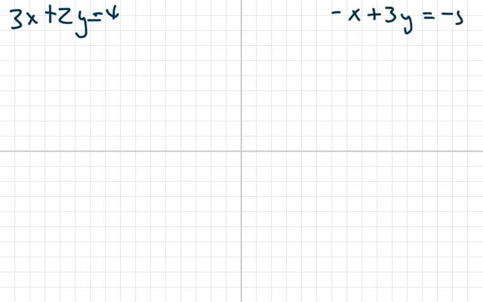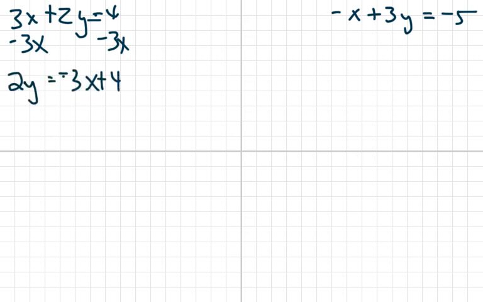Now, very quickly, because I don't want this lesson to get too long, I do want to go back to the other problem, which was this: 3x plus 2y equals 4, and negative x plus 3y equals negative 5. So this first one, I'll subtract 3x from both sides, and I get 2y is equal to negative 3x plus 4.